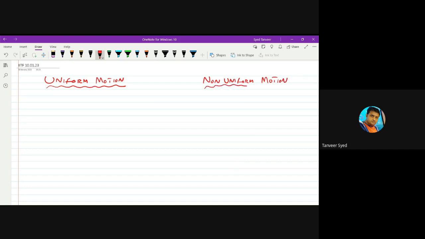Very, very important difference. You should understand this to understand the remaining coming topics. What is the difference between this uniform and non-uniform motion?